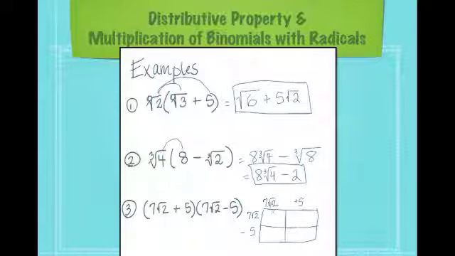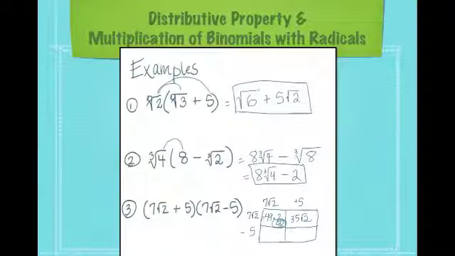Okay, so when I multiply 7 square root 2 times 7 square root 2, I get 49 times 2, which is 98. I'll go ahead and write that. And when I multiply 7 square root 2 times 5, I get 35 square root 2.